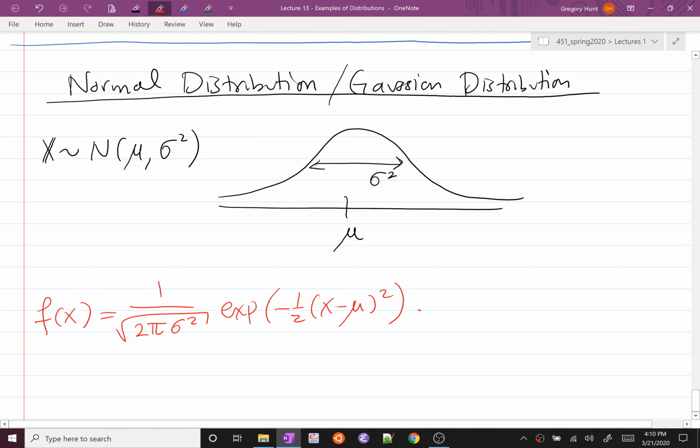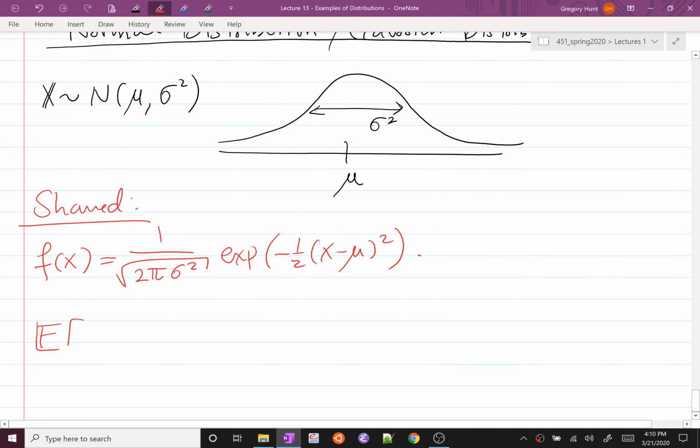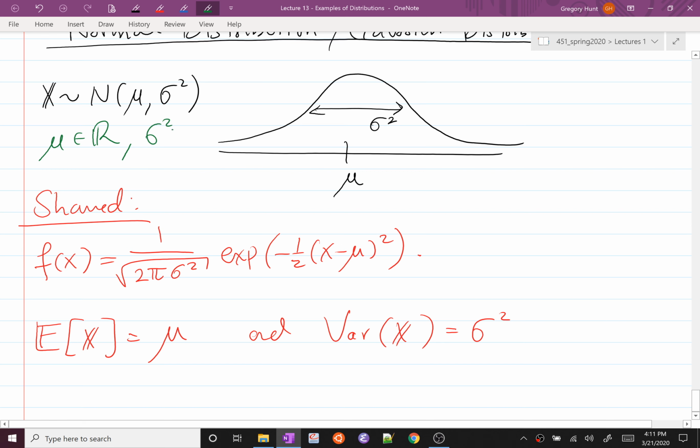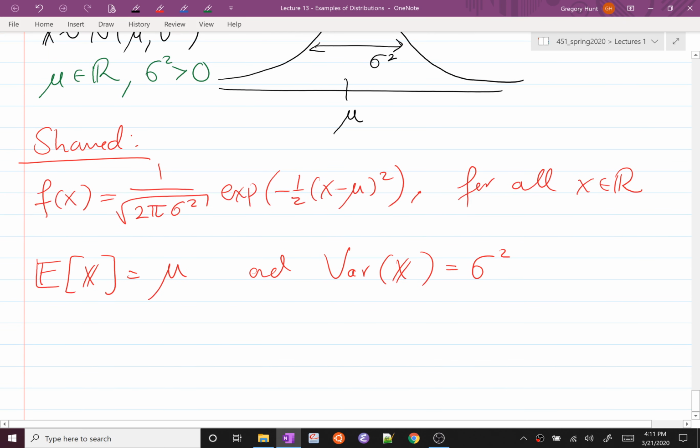We also showed that the expected value of this thing was mu, surprise, surprise, and that the variance of this thing is sigma squared. Those are our two parameters here. Mu can be any number, and sigma squared has to be some positive number, because variance has to be. And this PDF is good for any x. This is the shape it gives. It's a negative exponential centered at mu. Okay, so those are properties we saw in previous notes.